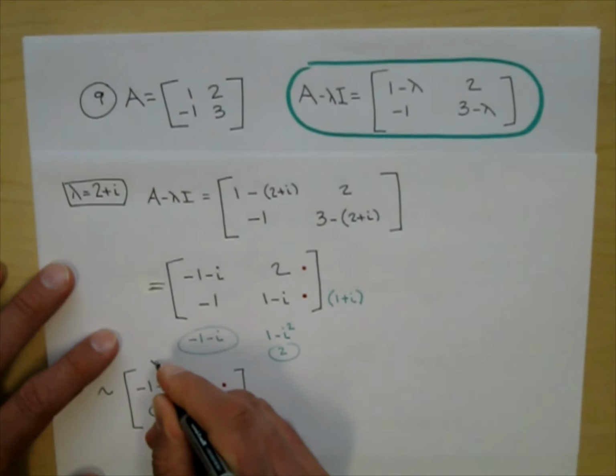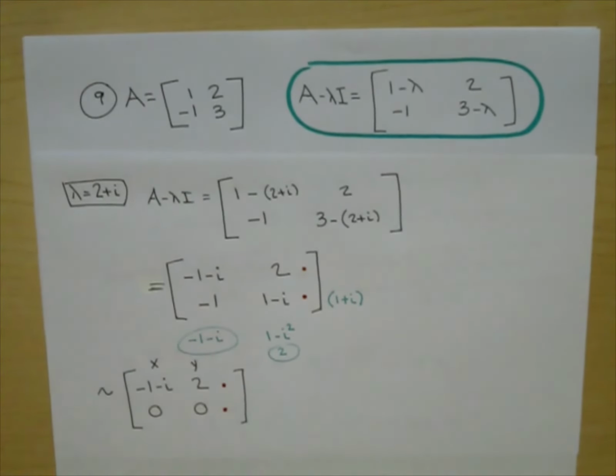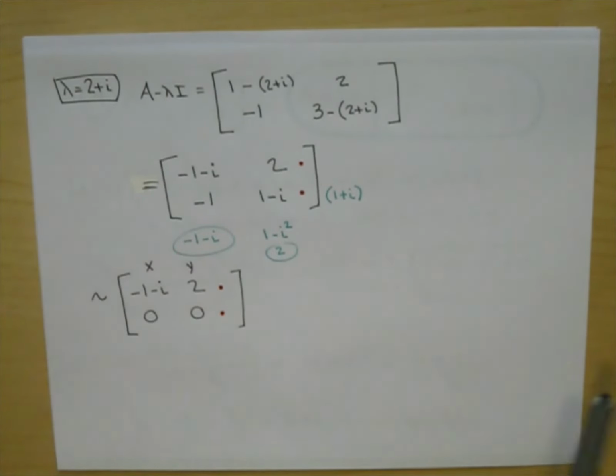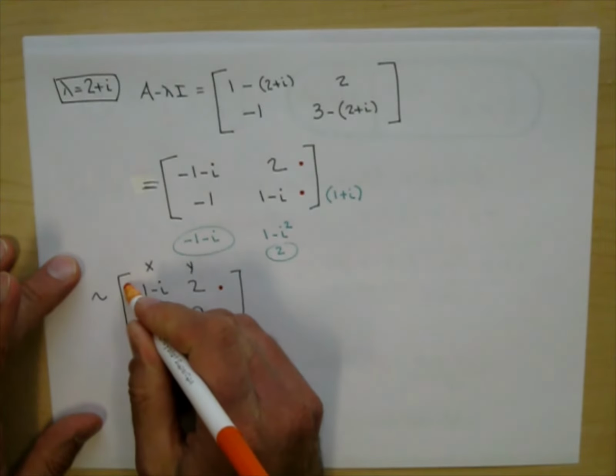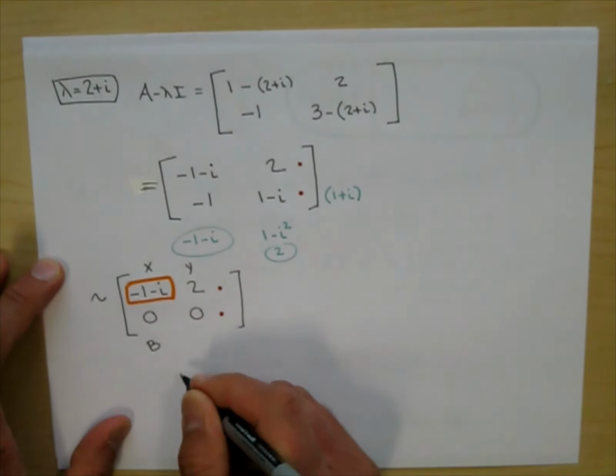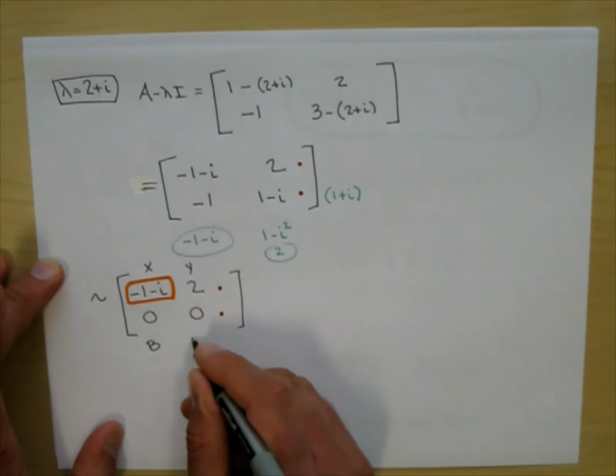Here's x, here's y. It just so happens that x is bound and y is free.